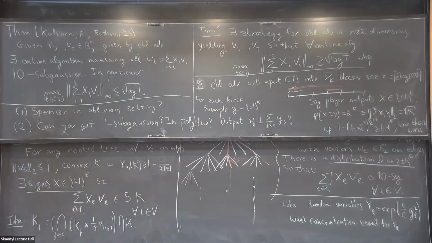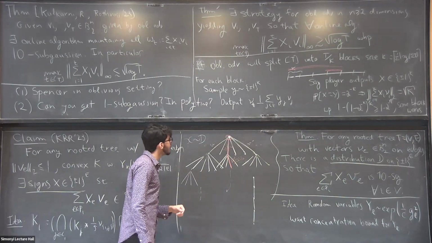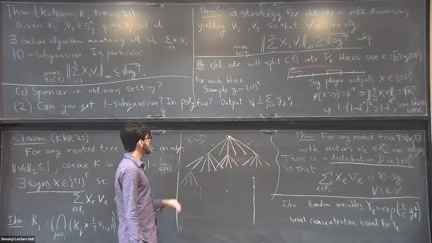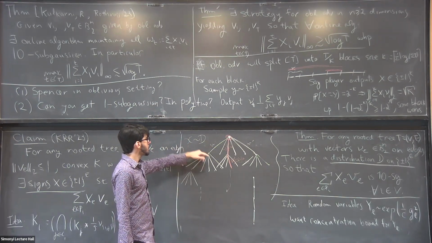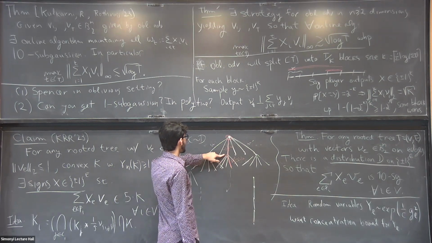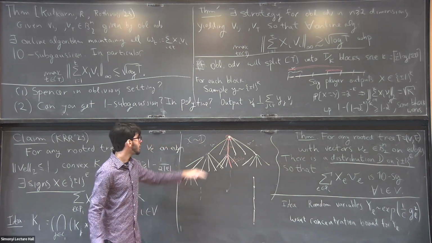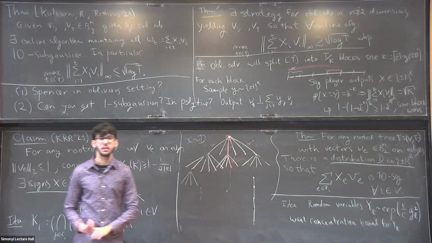One question I had is, if you only care about the end, could you have taken independent signs? No, actually I need to sample everything ahead of time. If I'm at some point, I need to condition, so the signs are not independent. They're all sampled ahead of time, and I just output whatever I sampled.